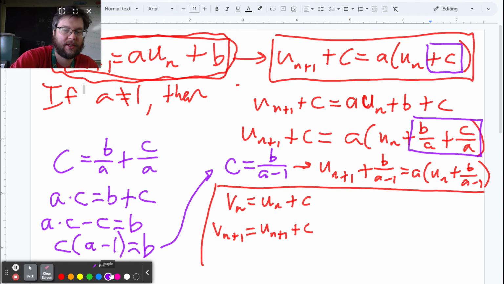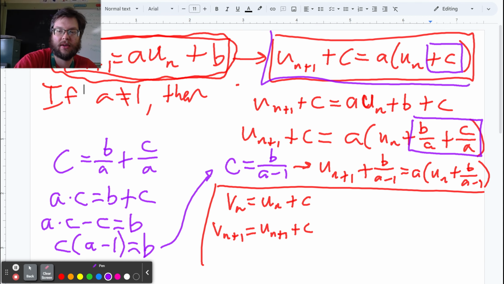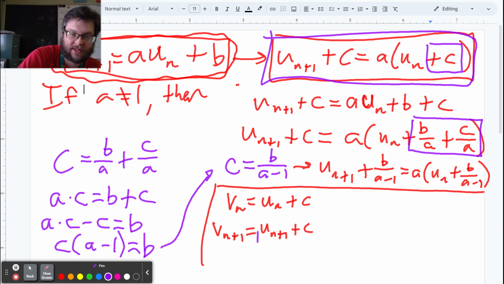U(n+1) + c is this formula in the top right corner. And what that means is I can replace this formula in the top right corner with the right-hand side up here. So now I have this statement: V(n+1) equals A times (U(n) + c).